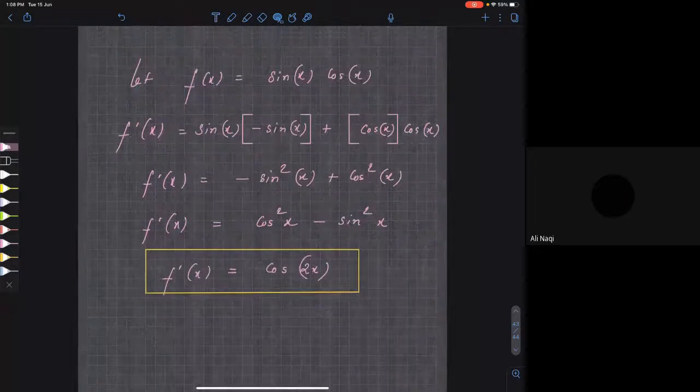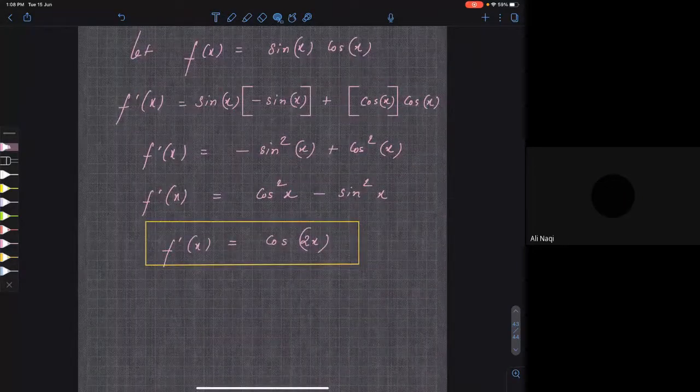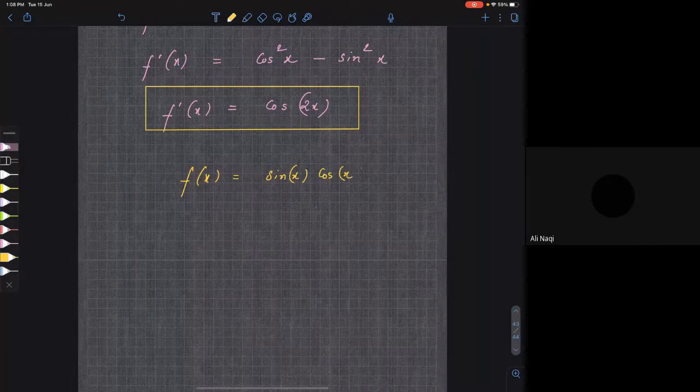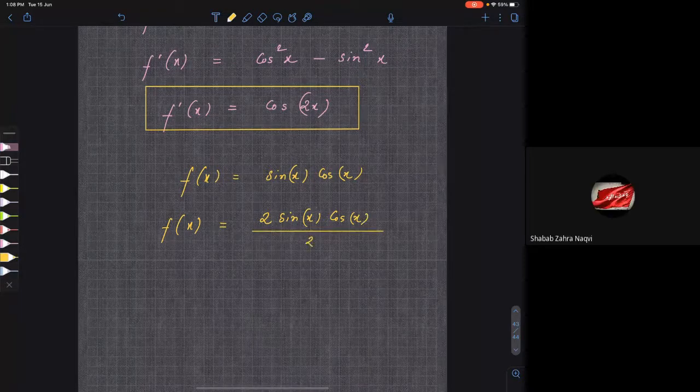Now I'll solve this in a different method. I'll get the same answer. See, f of x equals sin x into cos x, right? Now, can I write this as 2 of sin x into cos x by 2? Any problem?